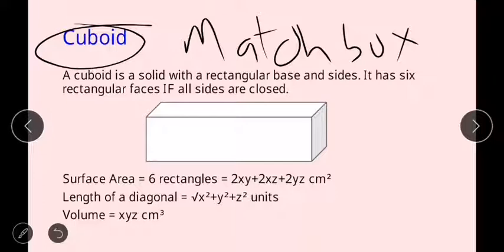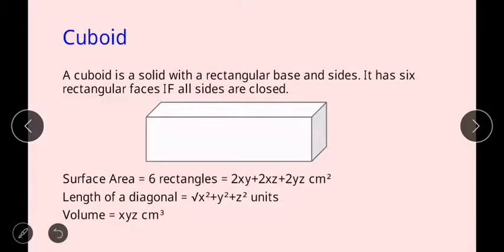Not only the matchbox, try your Indomie box. Yes, that's very good. Another example of an object that has the cuboid shape is the carton of your Indomie. Yes. So a cuboid has 6 faces, just like a cube.